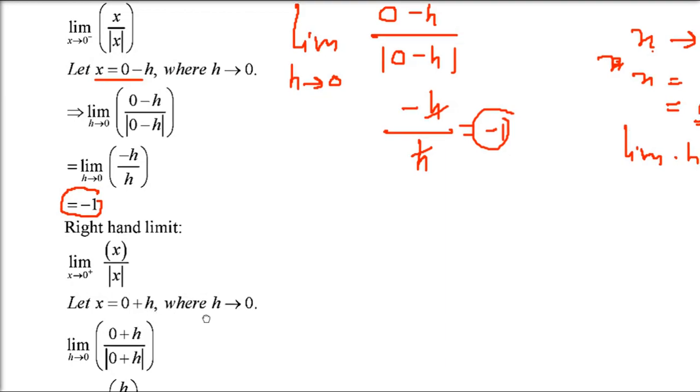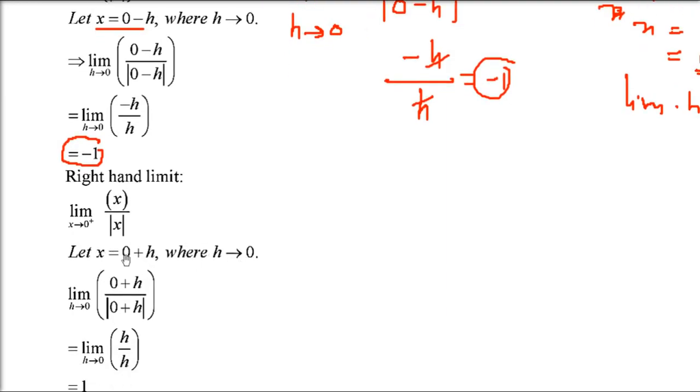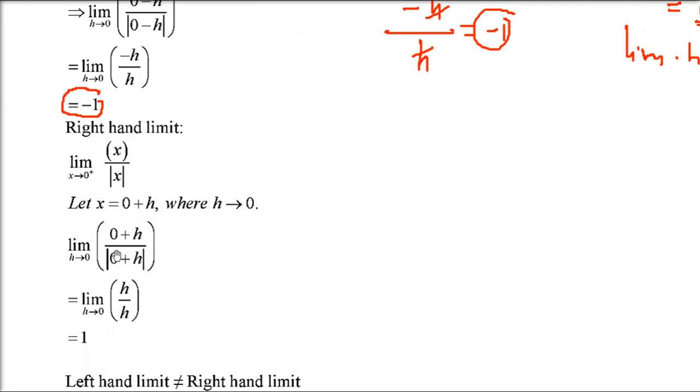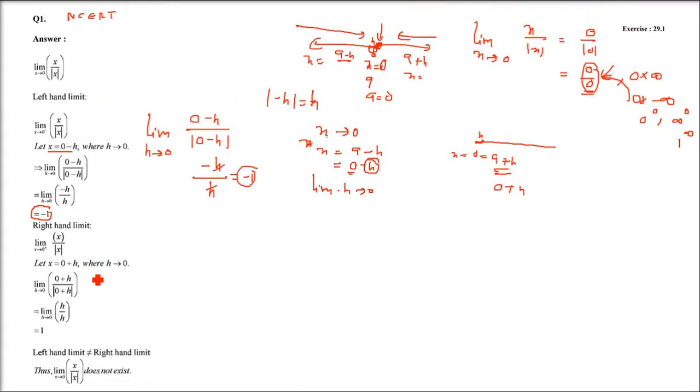Ideally we want it to be 0, but when it becomes 0 it will be indeterminate, so h has to be very small. So in place of x you put 0 plus h. The limit x tends to 0 plus changes to h tends to 0.